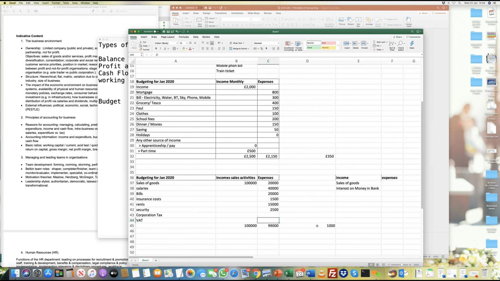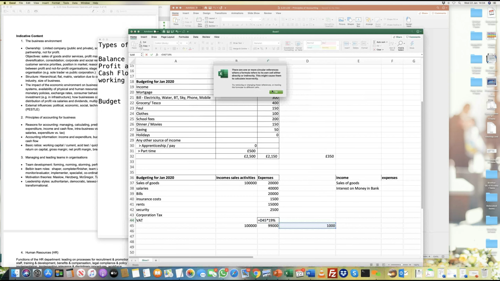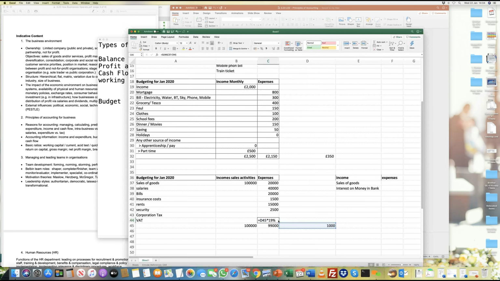So the company will pay 19% corporation tax. Sorry, that's a circular reference. So what that would mean is that the company would have paid 1,000 times 19%, which is £190 as tax, and that would mean that the business has had a net profitability of say £810 in the year. Is that okay?